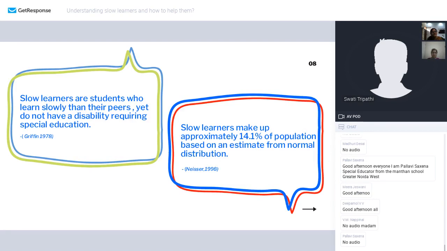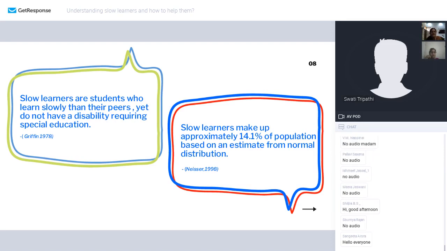Now, when we see the definition of slow learners, it says that slow learners are students who learn slowly than their peers, yet they do not have a disability requiring special education. This clearly states that slow learners do not come under the population of disability.